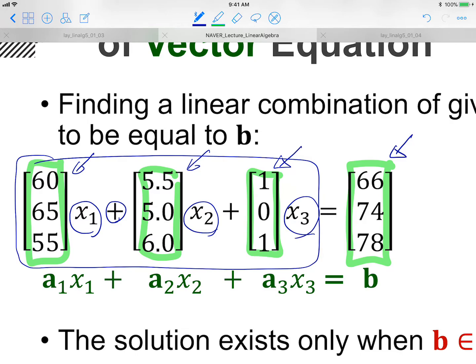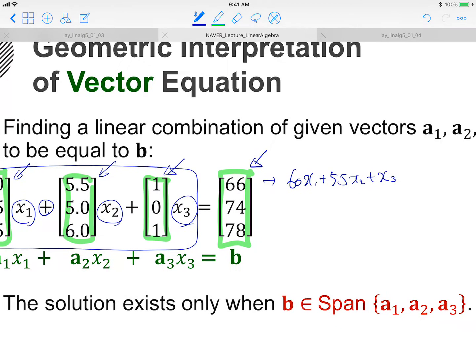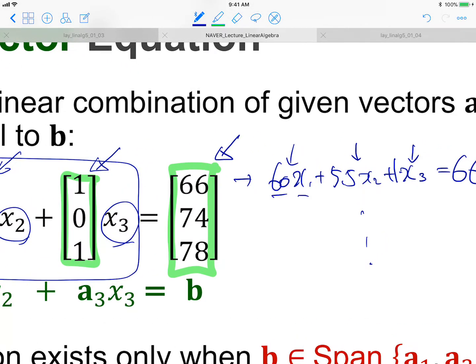The first equation was originally like this, equals 66, and so on, right? So we have to multiply 3 times x1, 5.5 times x2 and so on. So we have 3 multiplications and 2 additions, right?